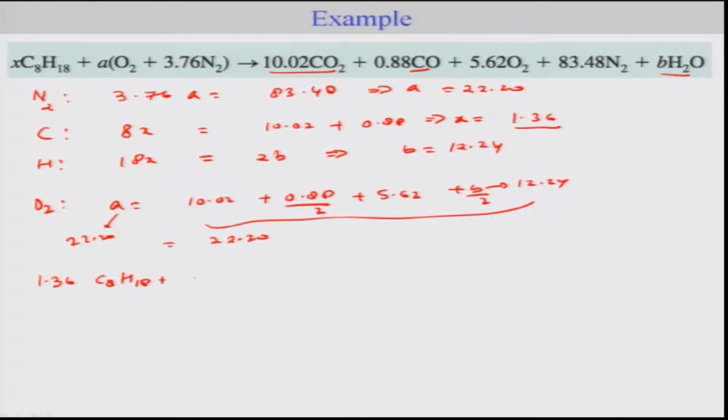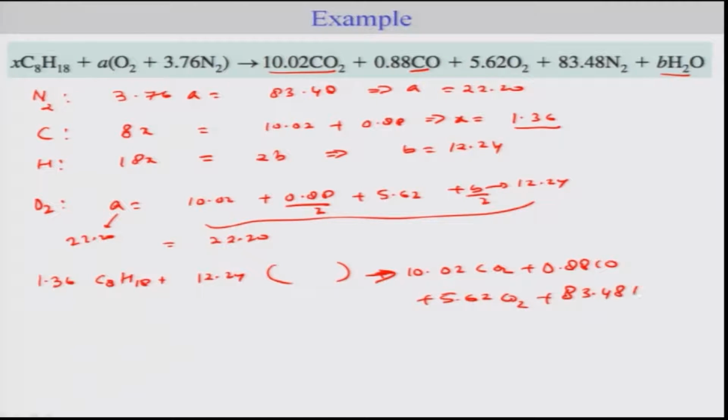You can write this X in terms of 1.36 C8H18 plus A, which is your 22.2, plus 10.02 CO2, and B is your 12.24 H2O. Now you can convert this to a basis of 1 kilomole.